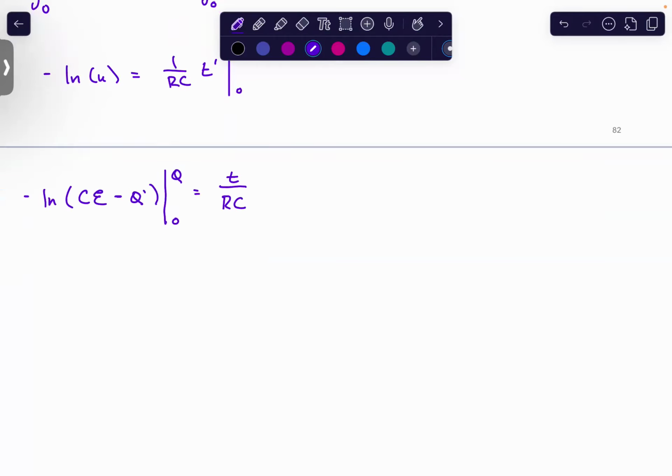Okay, so what are we going to have? We're going to have minus. I should make that a square bracket.